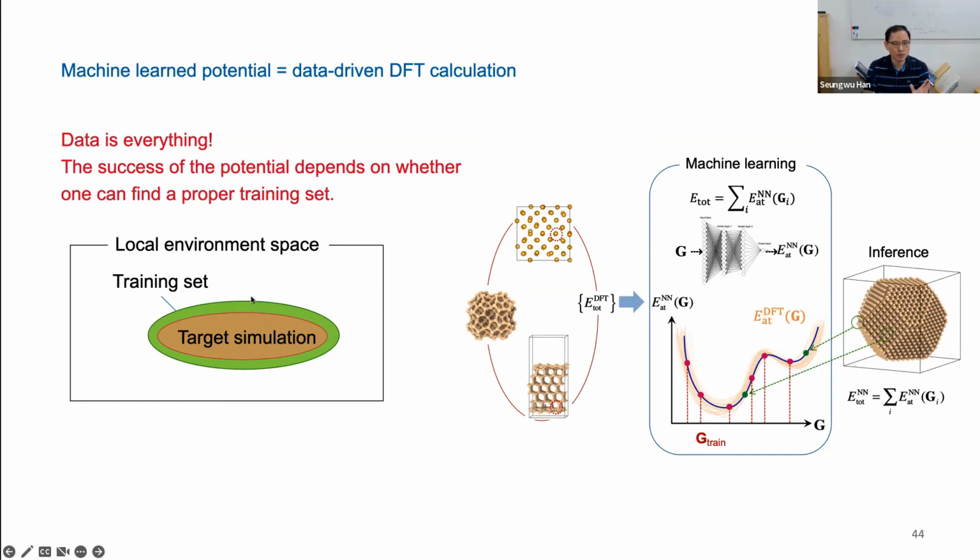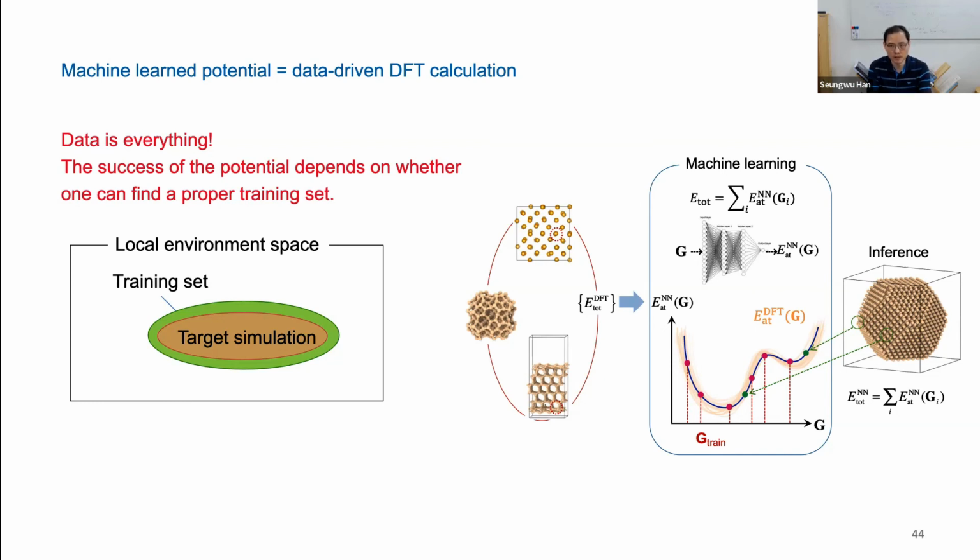So suppose in a local environment space, if this is the target simulation, then our training set should include, right, just outside of the target simulation, because this is a huge space, and therefore we should not sample the whole space. But if we can sample the simulation tightly, then you are very successful, right?